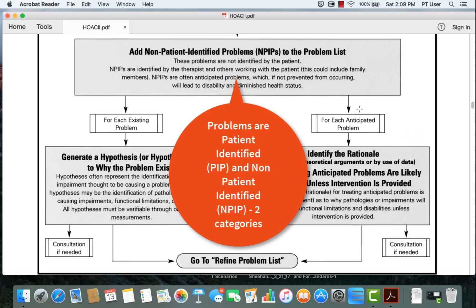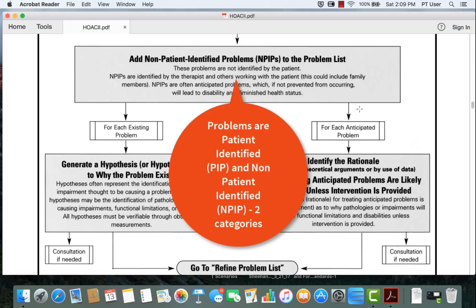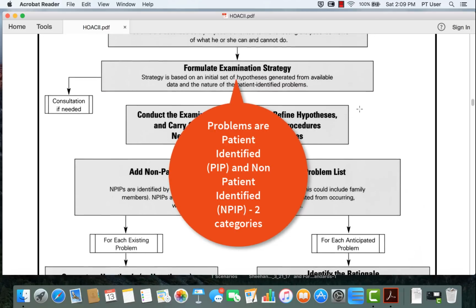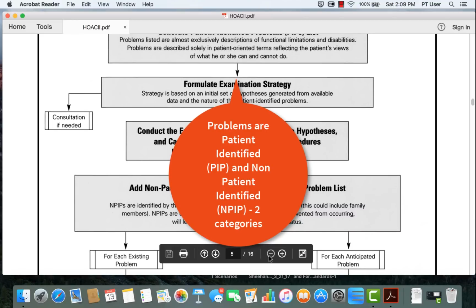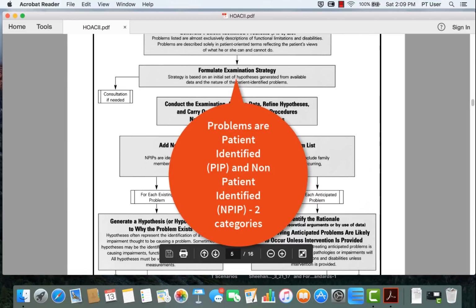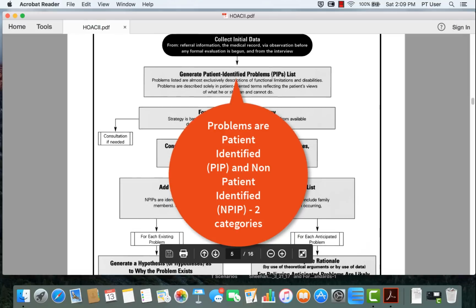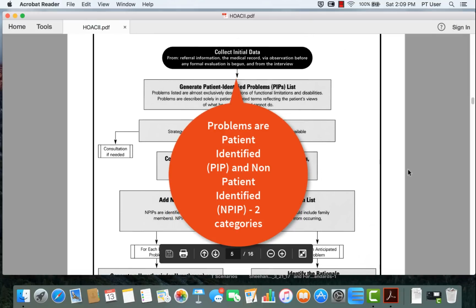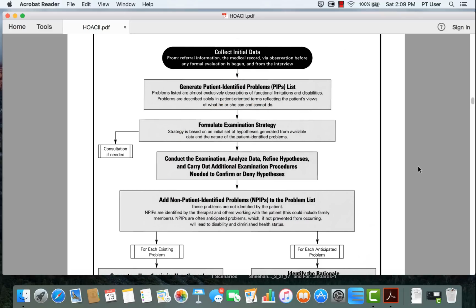Okay? So let's review where we're at. I'm going to make this a little smaller so we can see everything. All right. So we collect our initial data. We start to listen. We listen to the patient, try and determine what's going on. What are they having problems with? What can't they do? Why are they there? And off that problem list, we start to develop an examination strategy, what data we're going to collect, what additional questions we're going to ask.